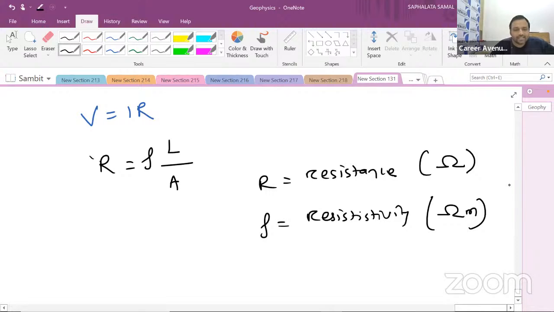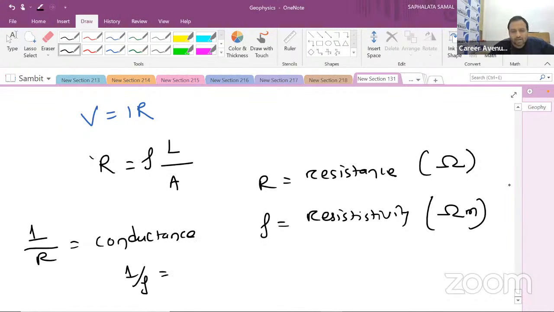One by resistance is called the conductance, and one by resistivity is called the conductivity. Conductance is given by the symbol C, and conductivity is given by the symbol sigma.